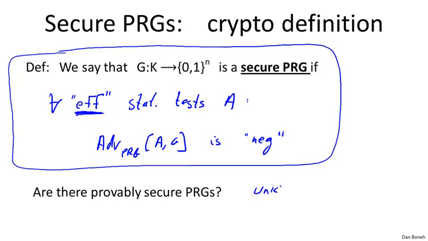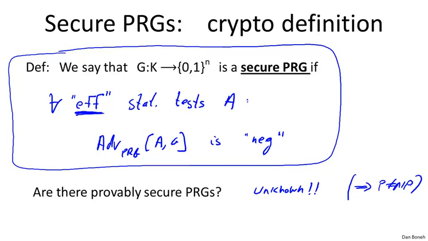In fact, it's not known if there are any provably secure PRGs, and I'll just say very briefly, the reason is that if you could prove that a particular generator is secure, that would actually imply that P is not equal to NP. I don't want to dwell on this because I don't want to assume you know what P and NP are, but I'll just tell you as a simple fact that if P is equal to NP, then it's very easy to show that there are no secure PRGs.